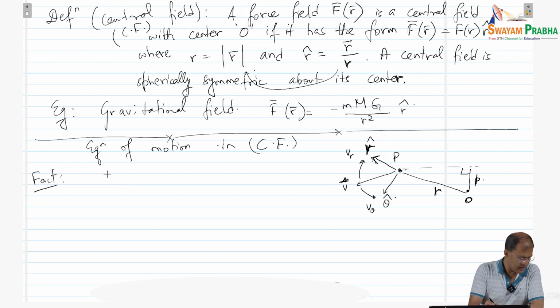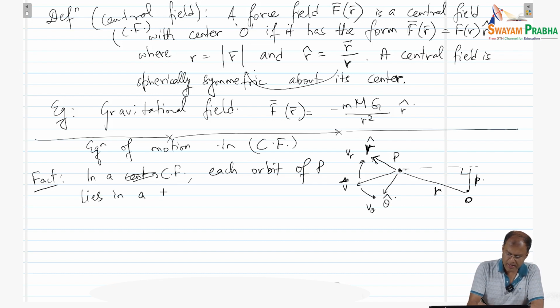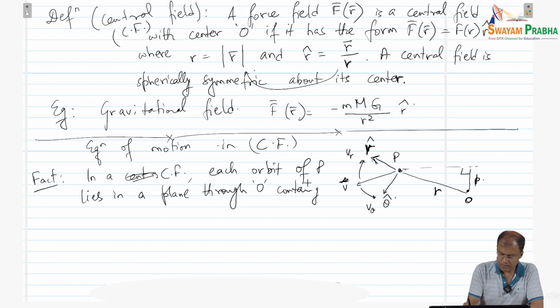The fact is that in a central field, CF, each orbit of P lies in a plane through O containing the initial velocity and the initial position.